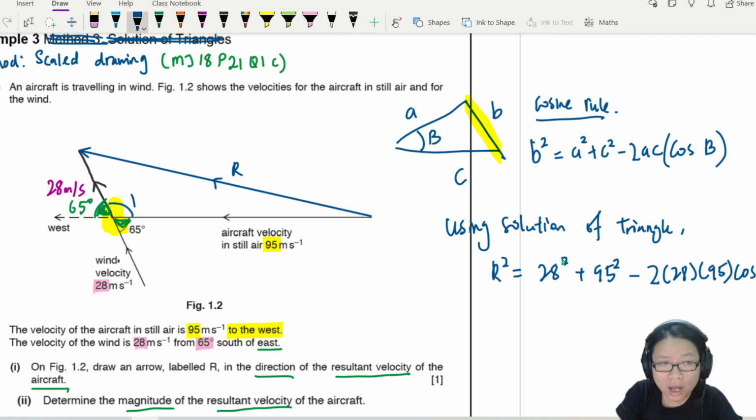So is this 125? Is it 115? 115, my bad, because it's 180 minus 65. So this is cos 115.